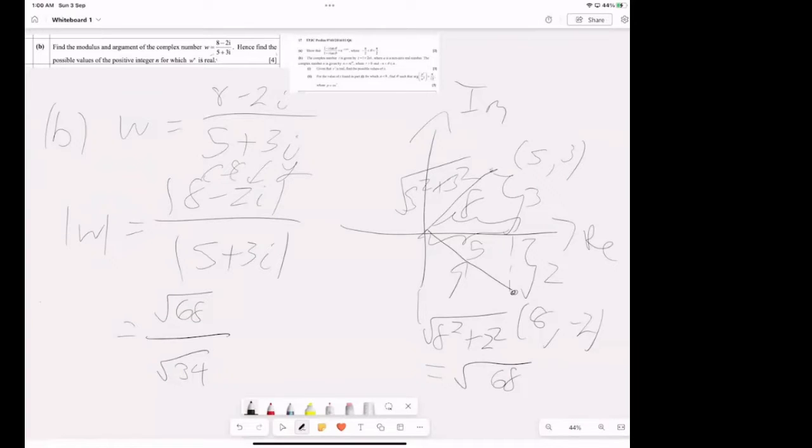Sometimes when we do too much, we cannot remember what our result is. I've got to rely on the calculator. So 34, and 8 squared plus 2 squared is 68. So 68 over 34 is 2, which gives root 2. So now we have the modulus.